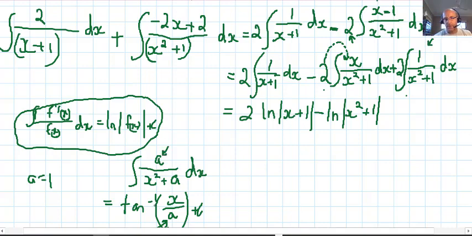Okay, so I want the 2 out the front of the integral sign. So make sure you've amended your notes if you didn't spot that writing I didn't do earlier on, but it's all fixed now. So we have plus 2 arctan, inverse tan of x over a, and a is 1, so it's just x, plus the constant.